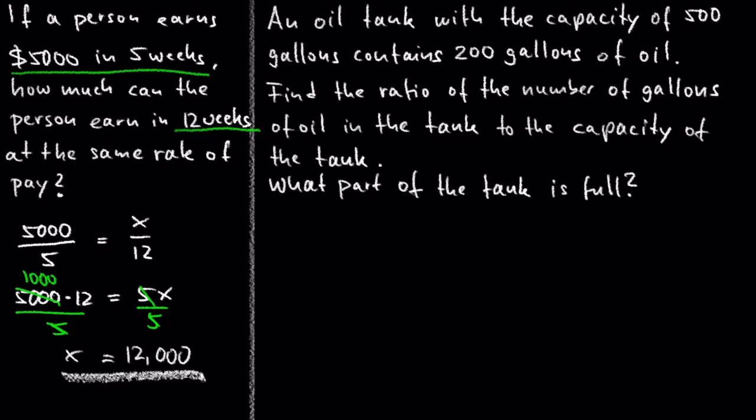An oil tank with the capacity of 500 gallons contains 200 gallons of oil. Find the ratio of the number of gallons of oil in the tank to the capacity of the tank. What part of the tank is full?